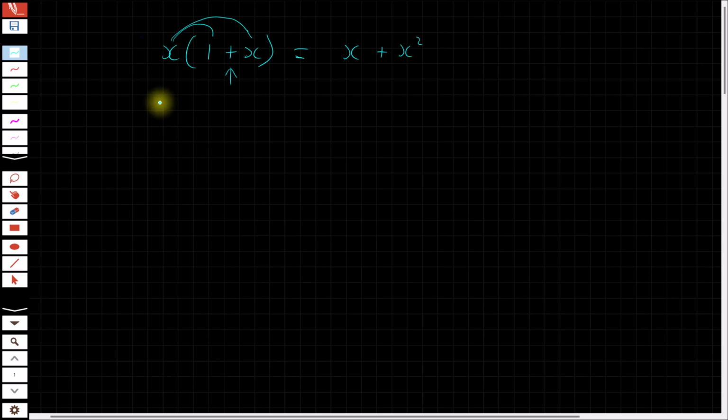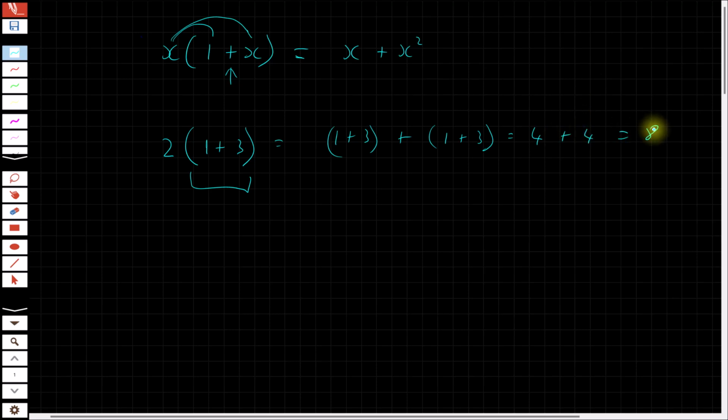If we have a look at this using numbers, so we have maybe 2 times 1 plus 3. If we were to firstly not do a full expansion but go, so there's two of these, 2 times everything in brackets. So we have 1 plus 3, that's 1 plus 3, plus another 1 plus 3. 1 plus 3 is 4, and plus another 4, we get 8.